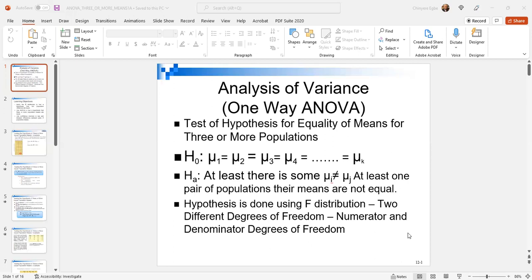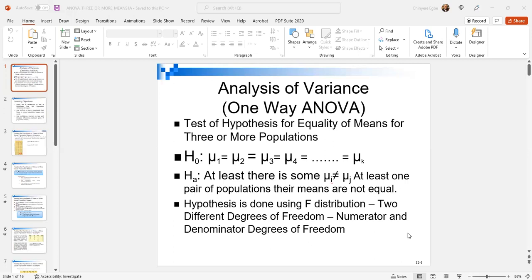Suppose that we want to compare three or more populations. We have Hispanics, African Americans, Jewish people, and Asian Americans. So we now have 4 populations. Now we can have 10 populations. Now we want to compare the averages.